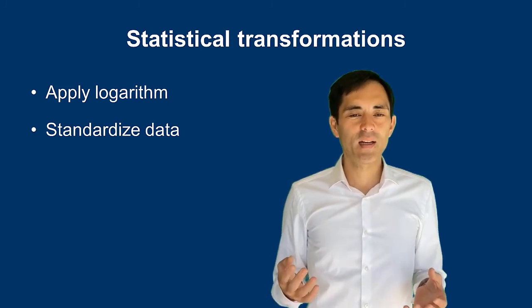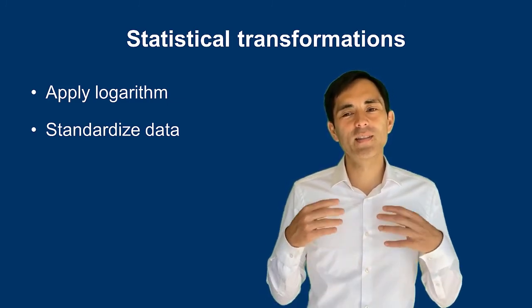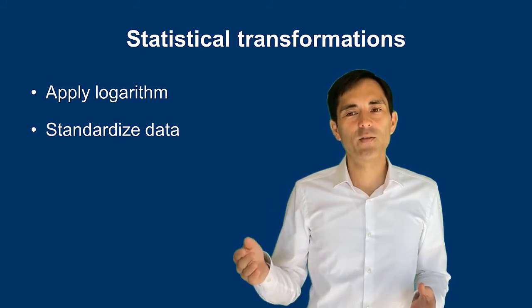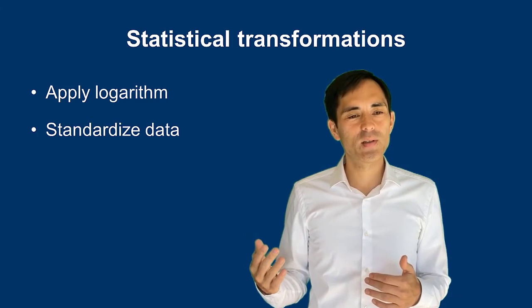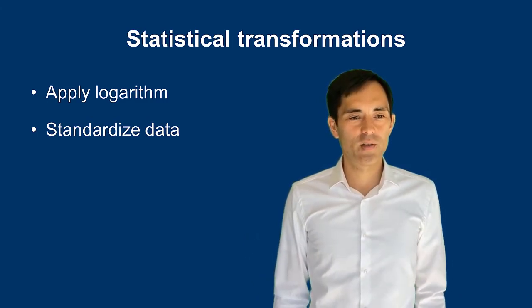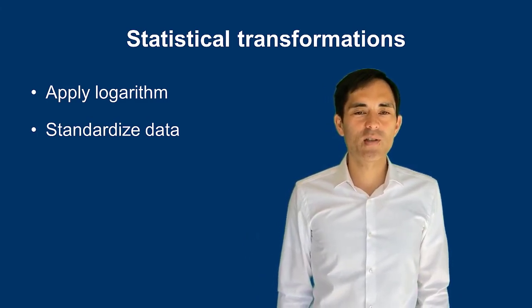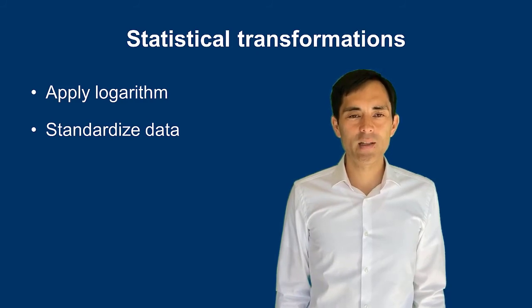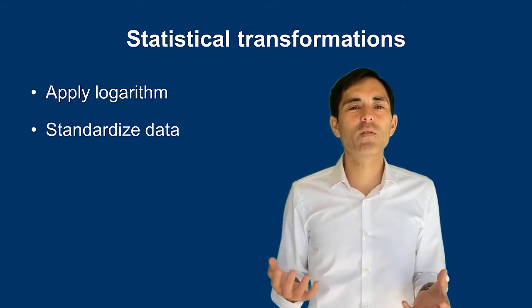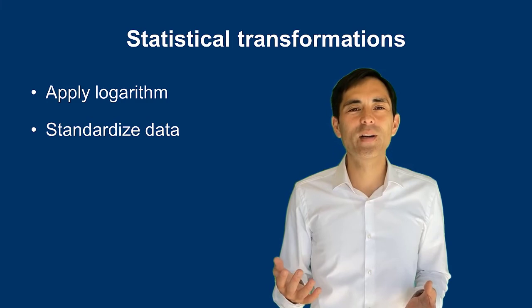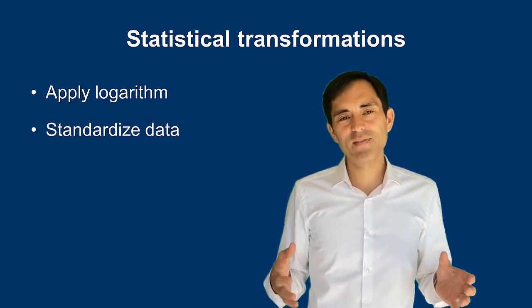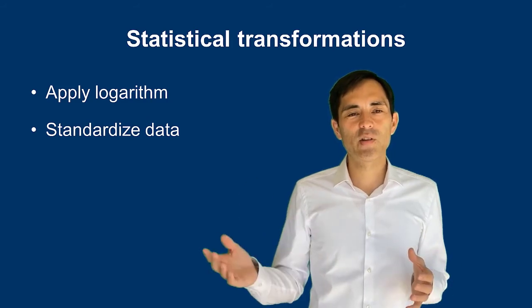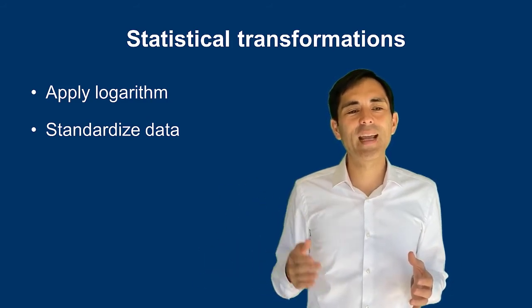It could be standardized so that the standard deviation becomes 1 and the mean 0, or you would mean center variables, so different ways of transformation. These types of transformations are very common in social science when we would like to look at interaction effects. We will talk more about that in another video. So these are still very common data transformations: logarithm and standardizing or mean centering data.